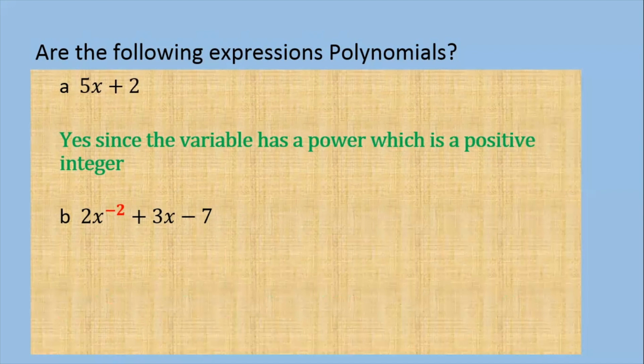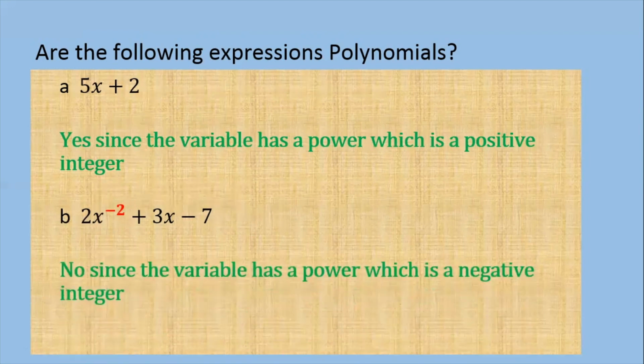Well, with the 3x, that's x power 1. 1 is a positive integer, so that's okay. But what about x power negative 2? This is not a positive integer, right? It is a negative integer. Therefore, this expression is not a polynomial.